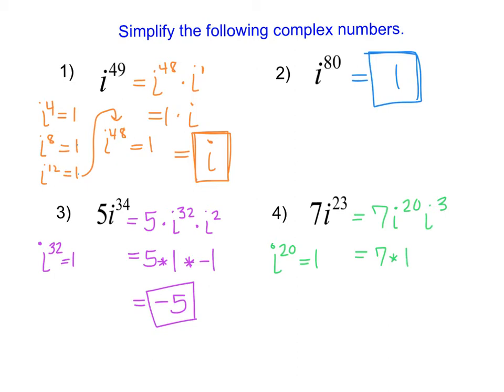And if you know i to the power of 3 is negative i, that's great, you can go with that, or you can split this up even further to be i squared times i. So I have 7 times 1, which is 7, times i squared, which is negative 1, times i. So this becomes a negative 7i.